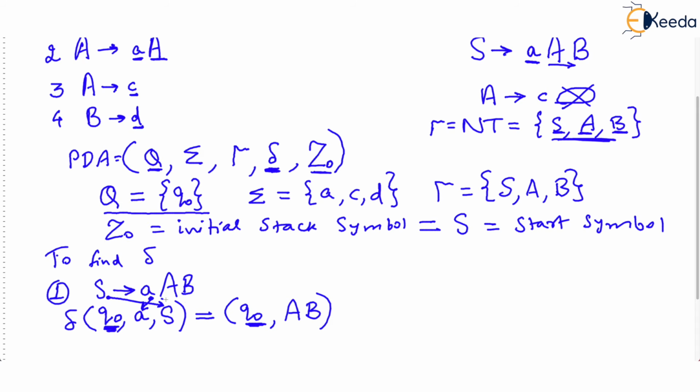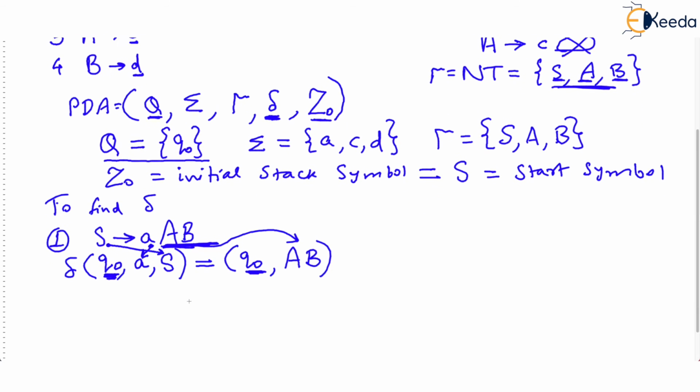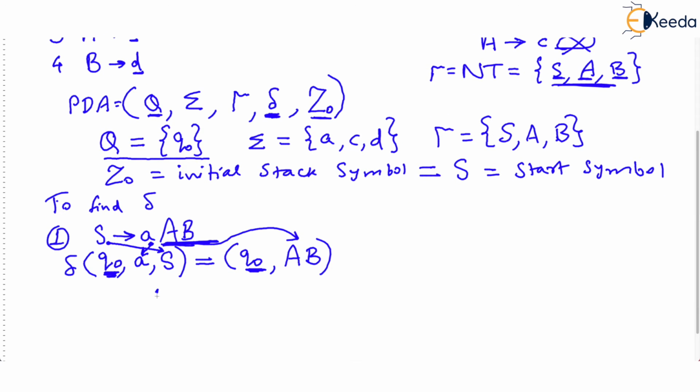Just observe this portion after a. That is simply written here. What it means is that if your stack contains S on the top, then this S is simply replaced here by AB.